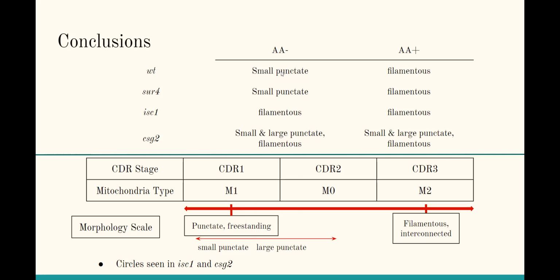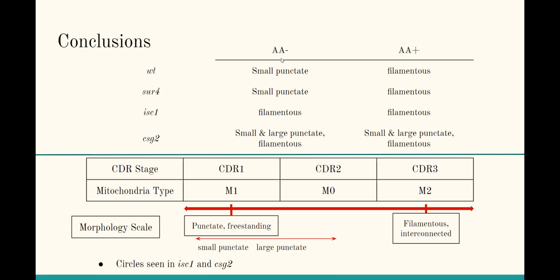SIR4, ISC1, and wild type were all filamentous with acetic acid, and so that could point to them being in CDR3, whereas CSG2 had all mitochondrial morphologies in both conditions. So we had cells in all of these, which is interesting because it also had an increased viability. And so there could be ties there.